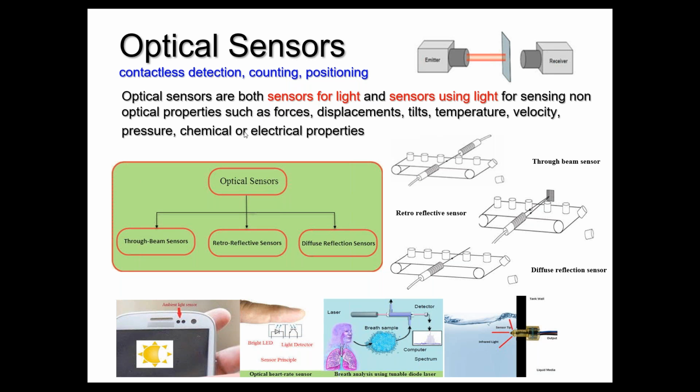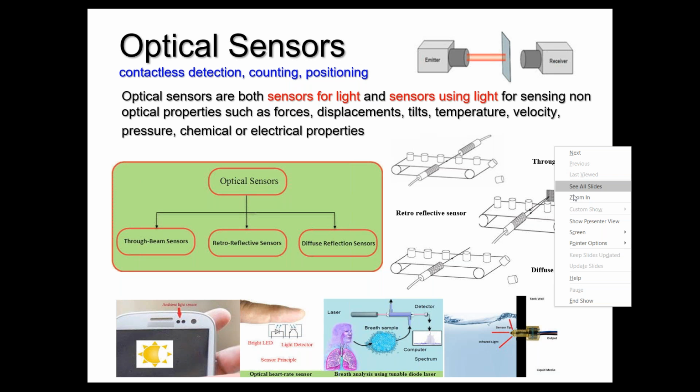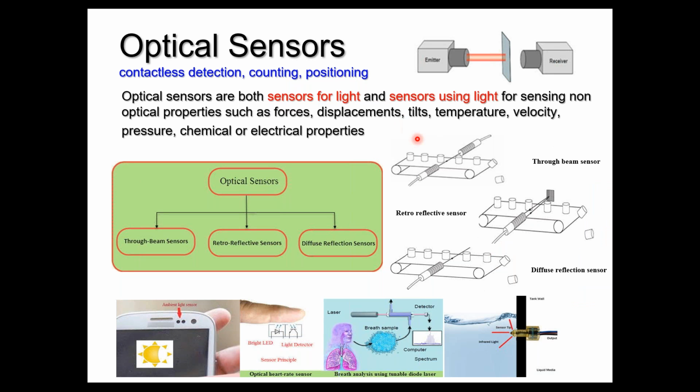Optical sensors are both sensors for light and sensors using light for sensing non-optical properties such as forces, displacements, tilts, temperature, velocity, pressure, chemicals, and electrical properties, a variety of parameters that can be sensed optically.